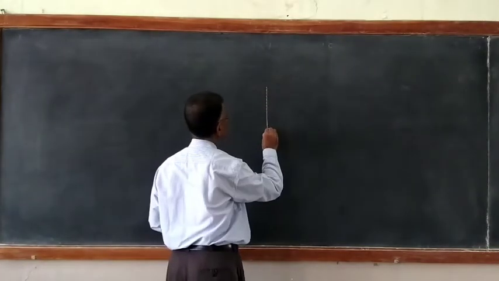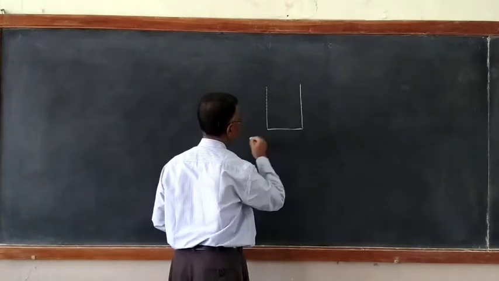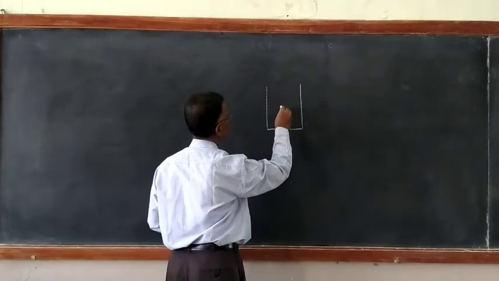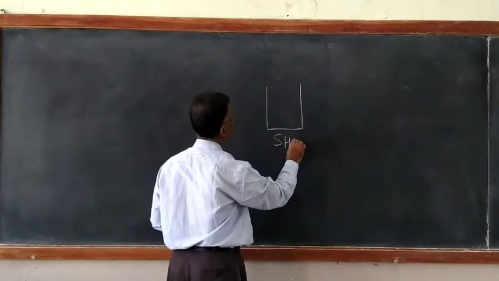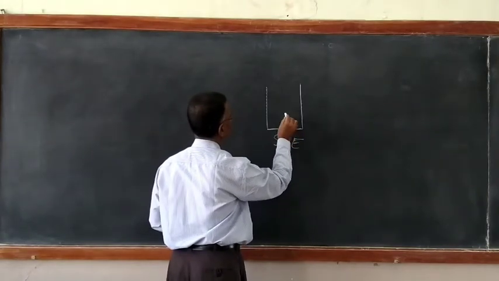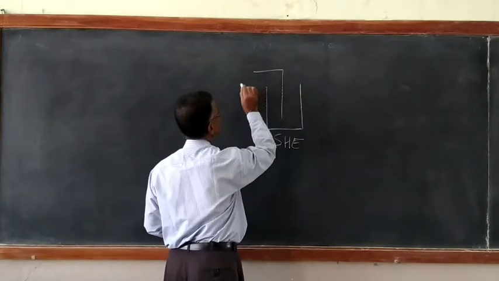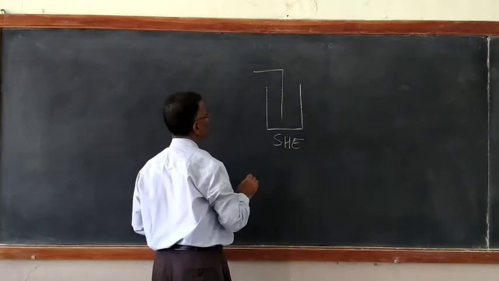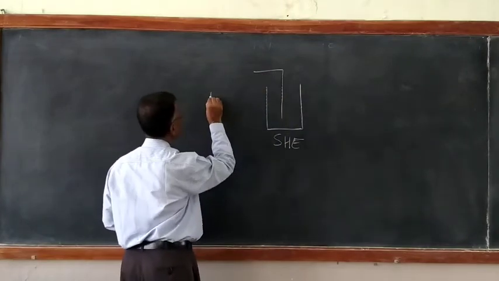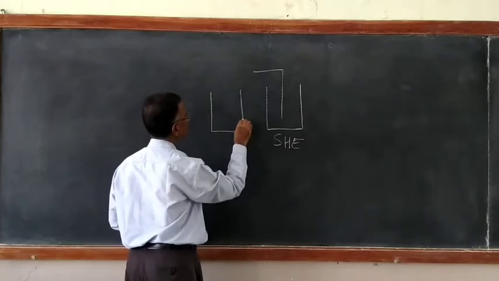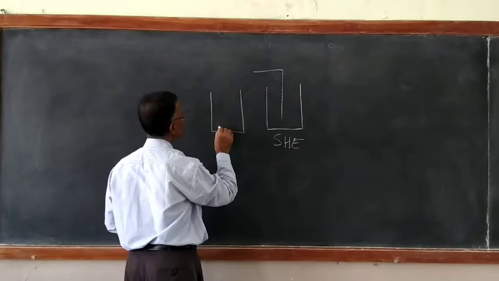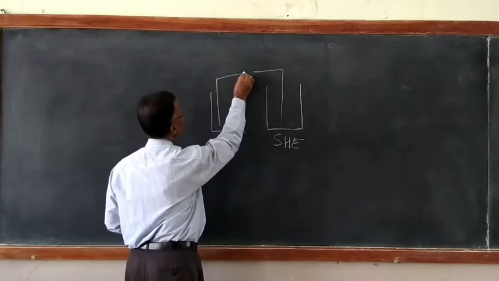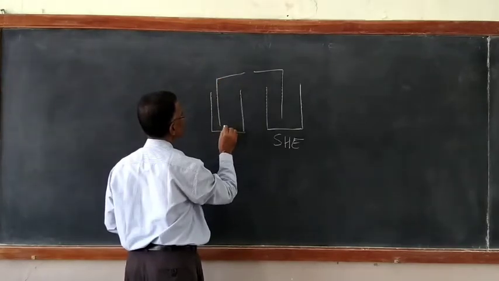We had first platinized platinum dipped in that, all that, right? All together I say it is standard hydrogen electrode. Platinized platinum, everything is coming out. Now other side, I have my other half cell in which I have a metal rod dipped in its salt solution.